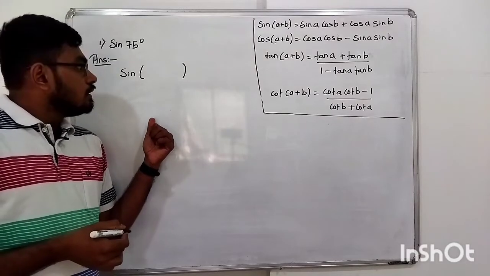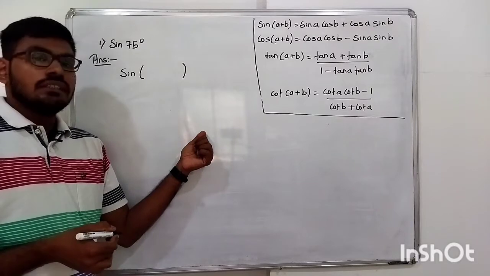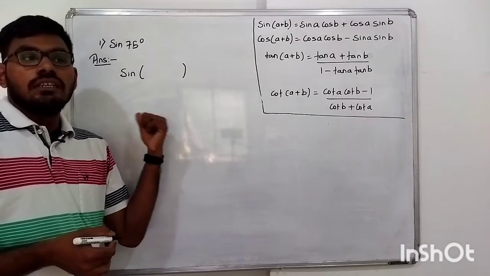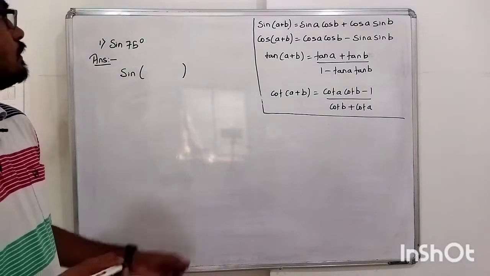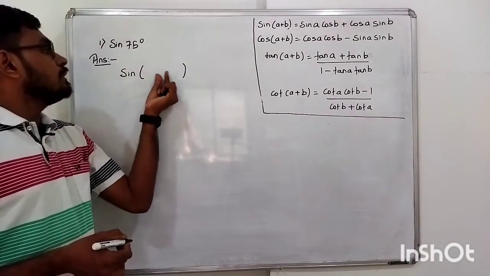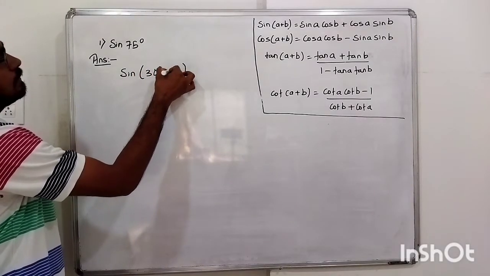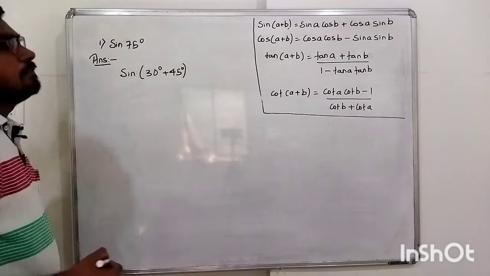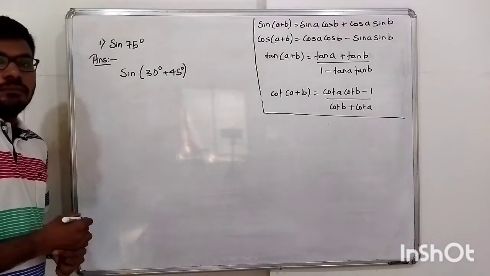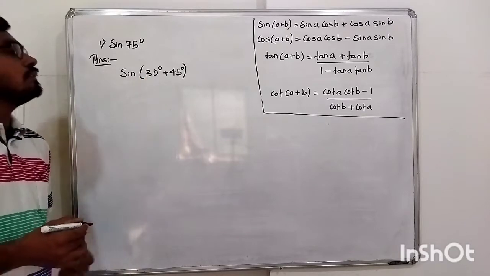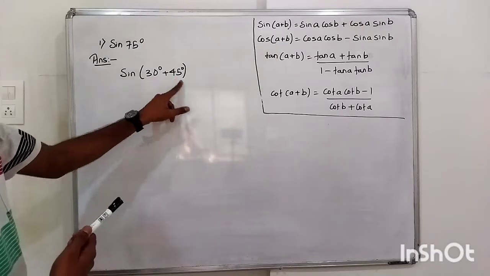You can say 30, 45, 60, 90, 0 is also there, 120 and so on. I can write this as 30 plus 45, because 30 plus 45 is 75. Don't write it as 15 plus 60, because you don't know the value of sine 15 degrees.